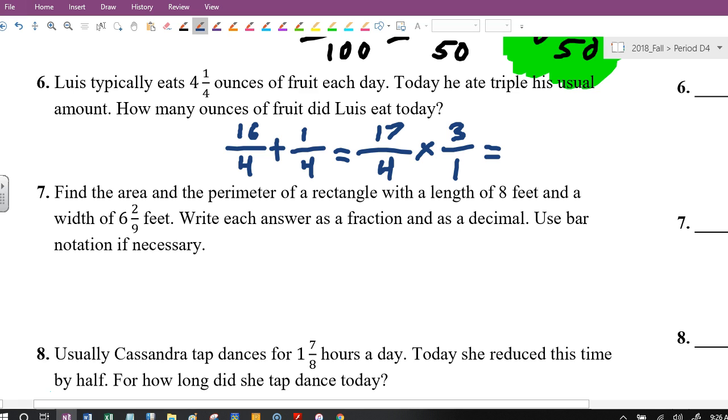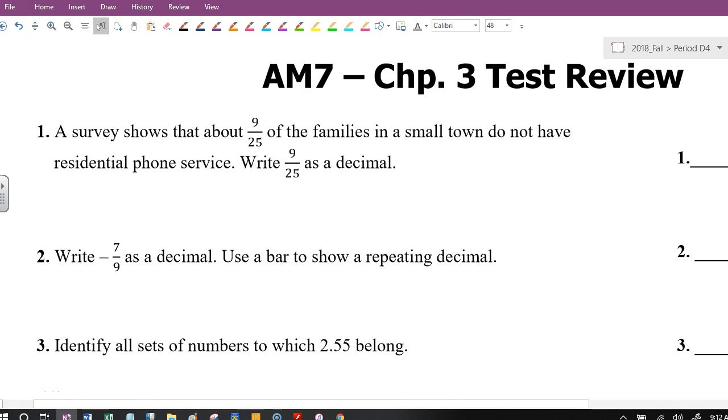How? Because 17 times 3 is, I think, 51. Yes, 51 over 4. That's correct. 4 times 1 is 4, and then you simplify that, and it's 12 and 3/4. 12 and 3/4. Okay, cool.